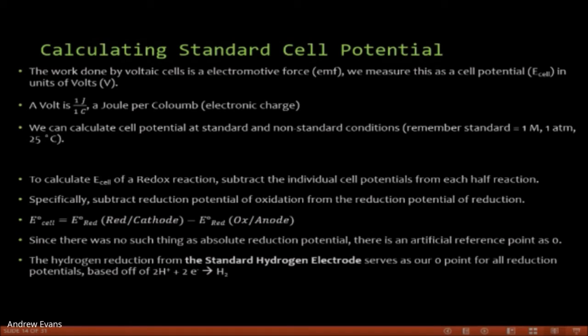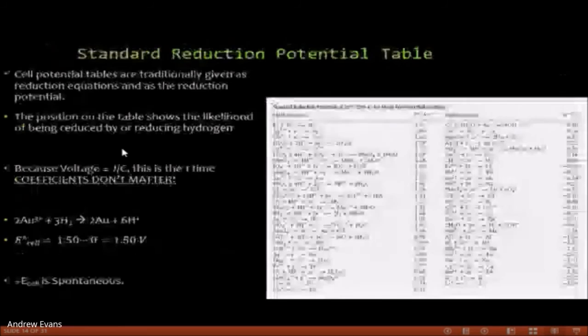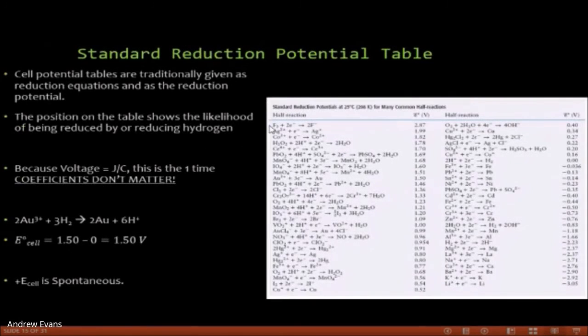Here's another thing. When we look up these values, they're always given as a reduction. Cell potential tables are traditionally given as reductions and as reduction potentials. The position in this table is usually based on the likelihood of being reduced or of reducing hydrogen, so positive or negative.